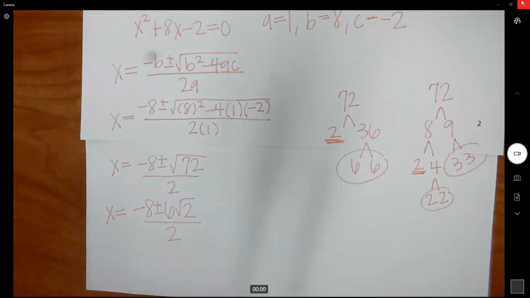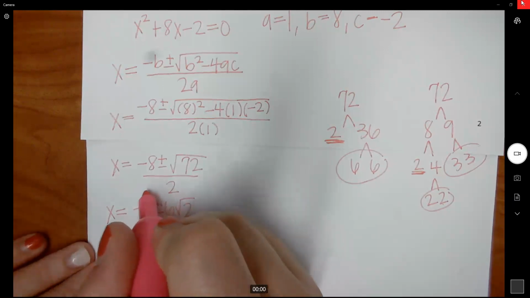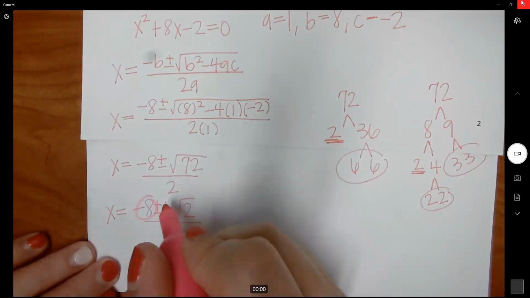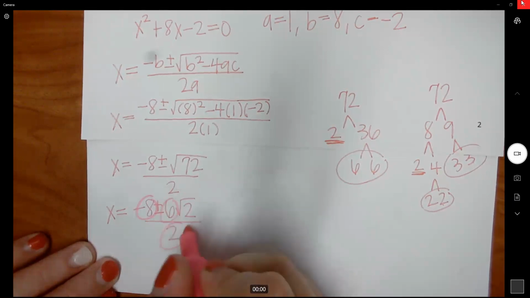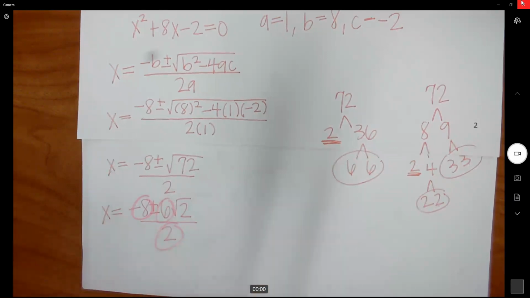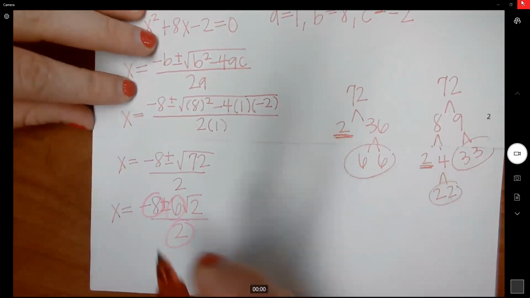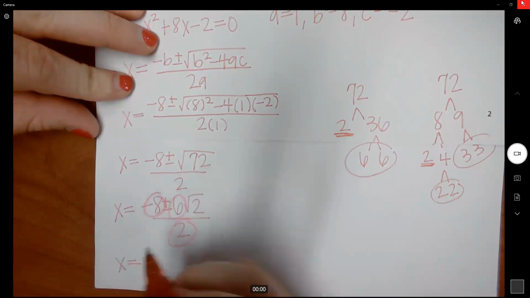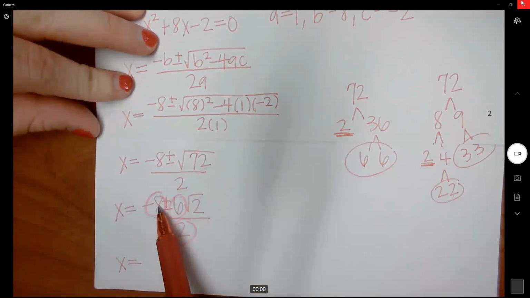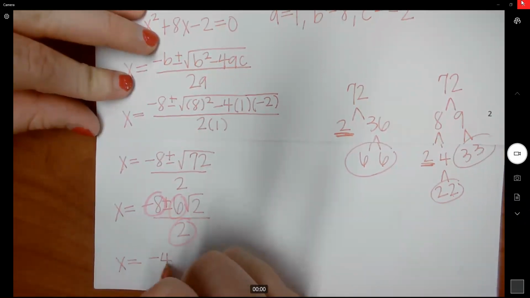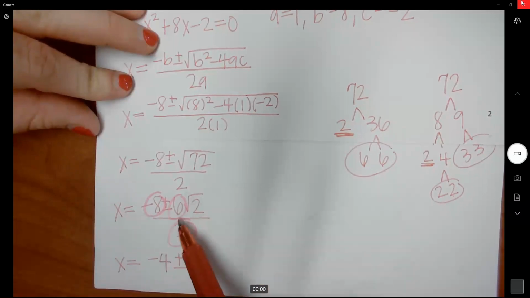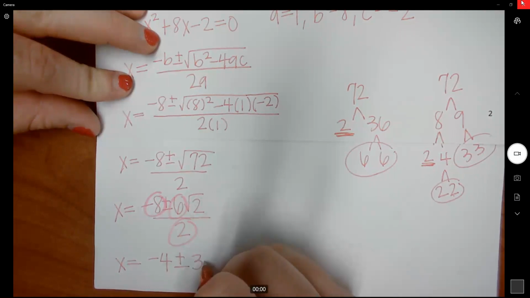Like last time, you need to look at what's in front of the plus or minus, what's in front of the square root, and what's below. Are they all divisible by the same thing? And yes, they are. They can all be divided by 2. So my final answer is negative 8 divided by 2 is negative 4. 6 divided by 2 is 3.